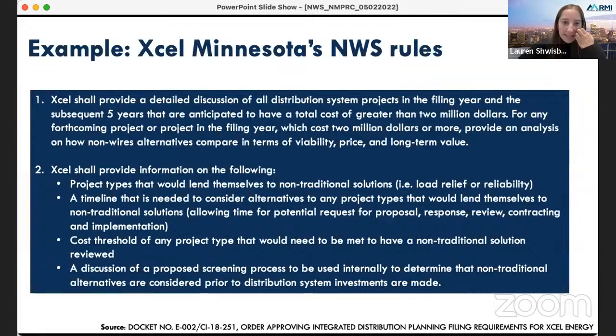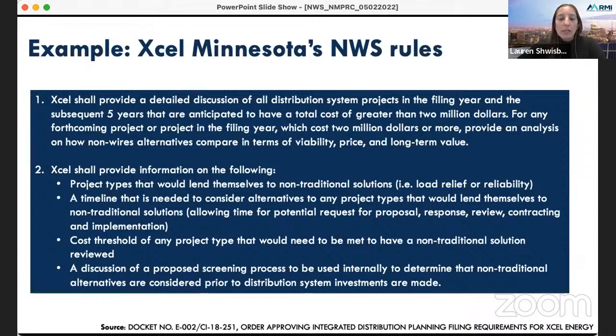Finally, just a couple of examples. From my perspective, both of these state commissions, Minnesota and Oregon, are newer to this process and have both taken some good first steps and have demonstrated that both the commission and the utilities are willing to continuously evolve and add complexity over time. So I'm sharing the text of the Minnesota order here on this slide.